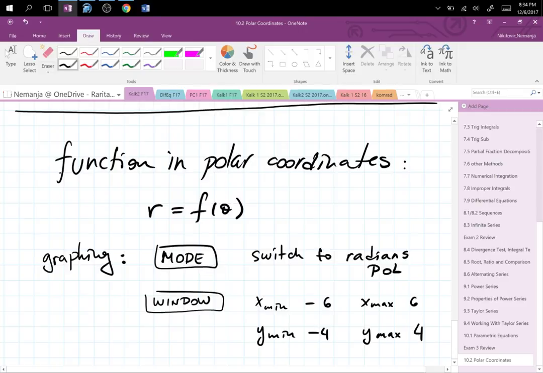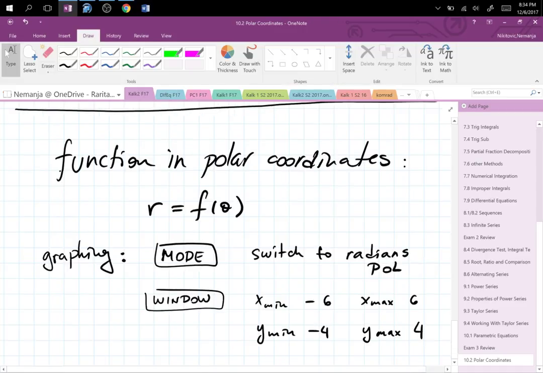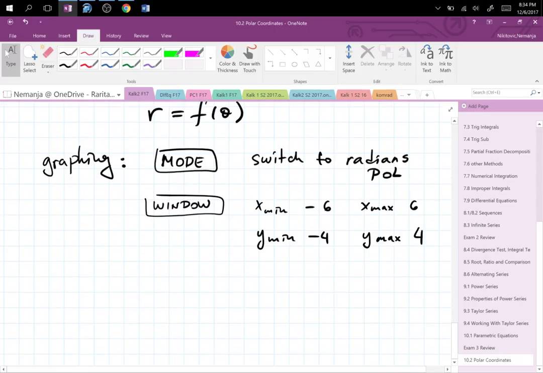Don't touch the thetas and increments and steps and scales. Just leave everything as is and just change these guys. X min to -6, X max to +6, and then Y's to -4 and 4. Why is it specifically those numbers? Because of what I'm going to do next. Because I want it to look nice.